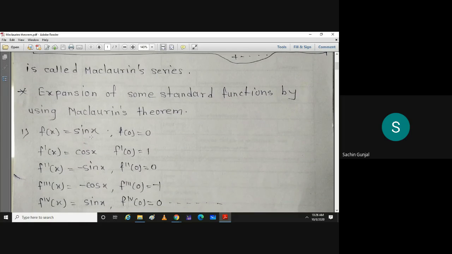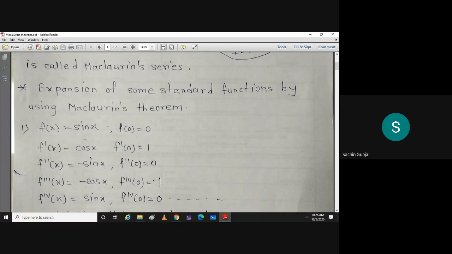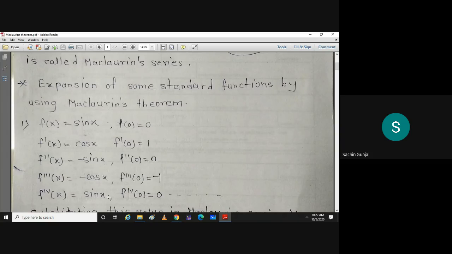So f of x is sine x, f of 0 is 0, derivative is cos x, so its value at 0 is 1. Second derivative is minus sine x, its value at 0 is 0. Third derivative is minus cos x, its value at 0 is minus 1. Then fourth derivative is sine x, its value at 0 is 0.